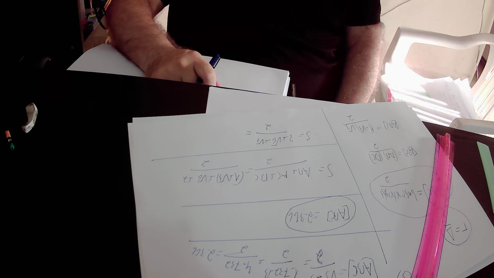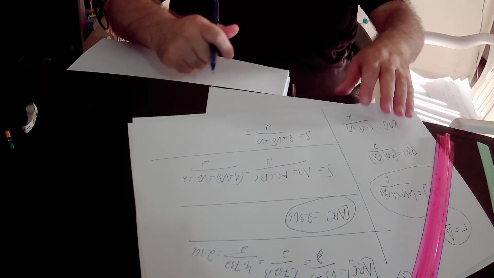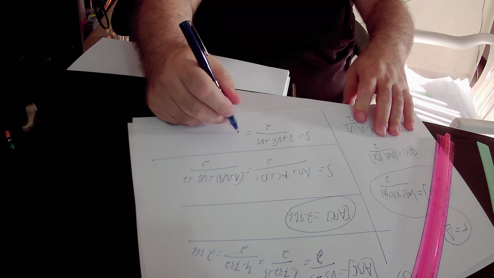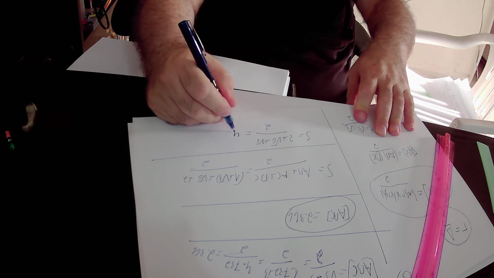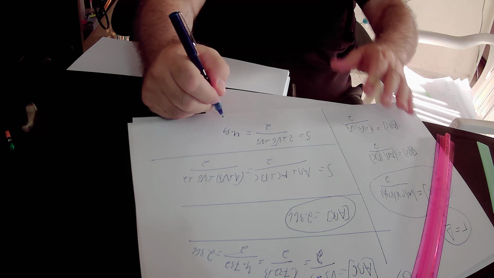And here we get that the area of triangle and the semi-perimeter of triangle ABC equals 4.59 units.